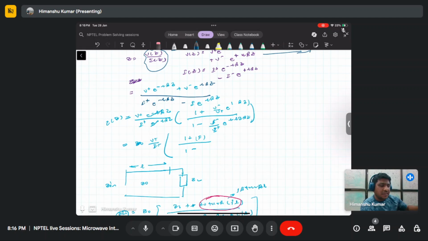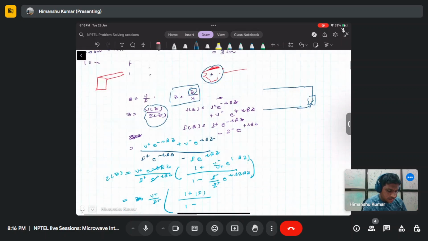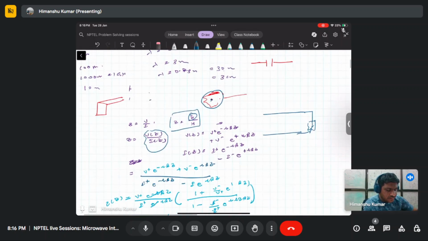Okay. So the main point is that in a waveguide, the common conductor is joining both the two points. So the boundary conditions are such that they do not allow the propagation of TEM mode.